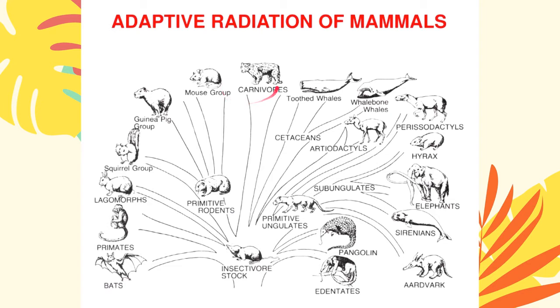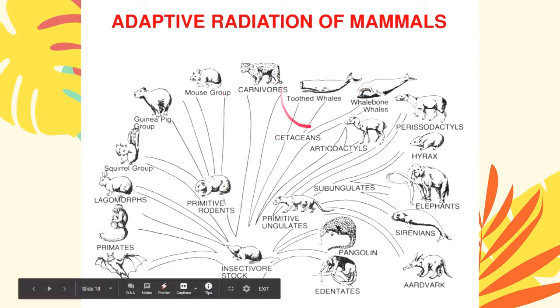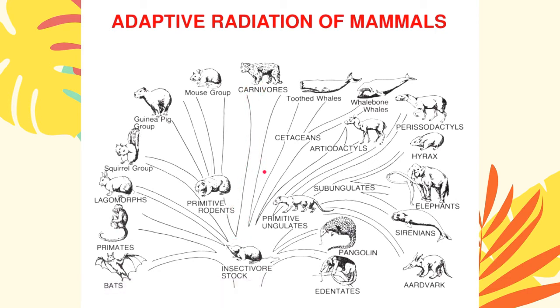Some evolved to become carnivores, some evolved to become aquatic cetaceans, some evolved to be elephants, and some evolved to have scales like the pangolin. So our ancestors, hundreds of millions of years ago, due to pressures of the environment, underwent adaptive radiation so that they could become better fitted to survive in their new environment.